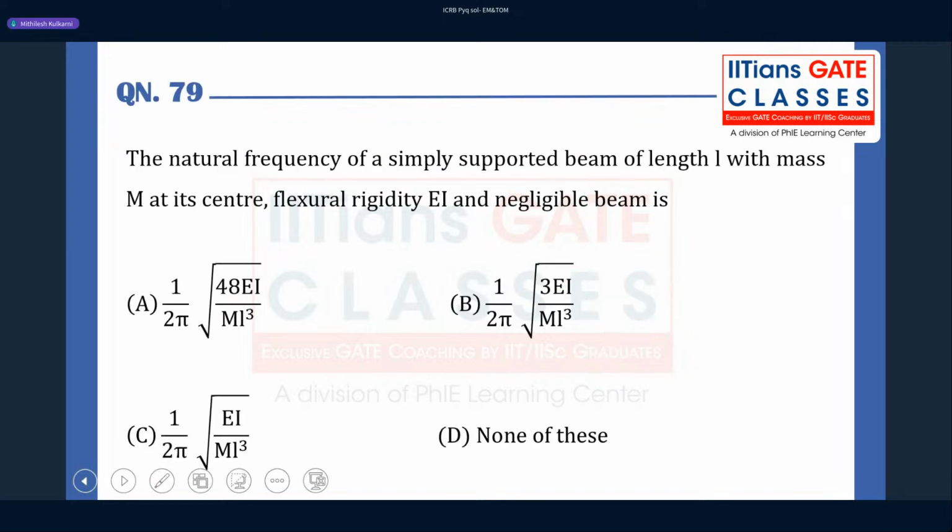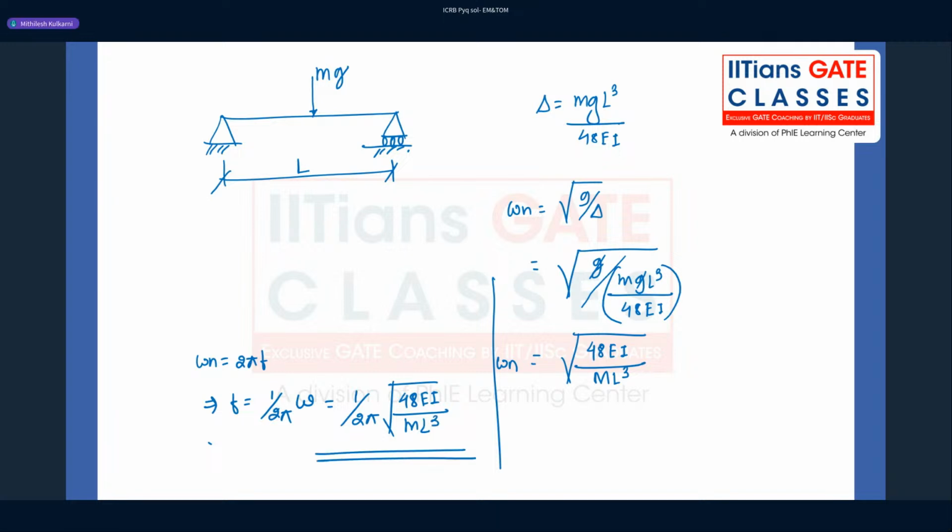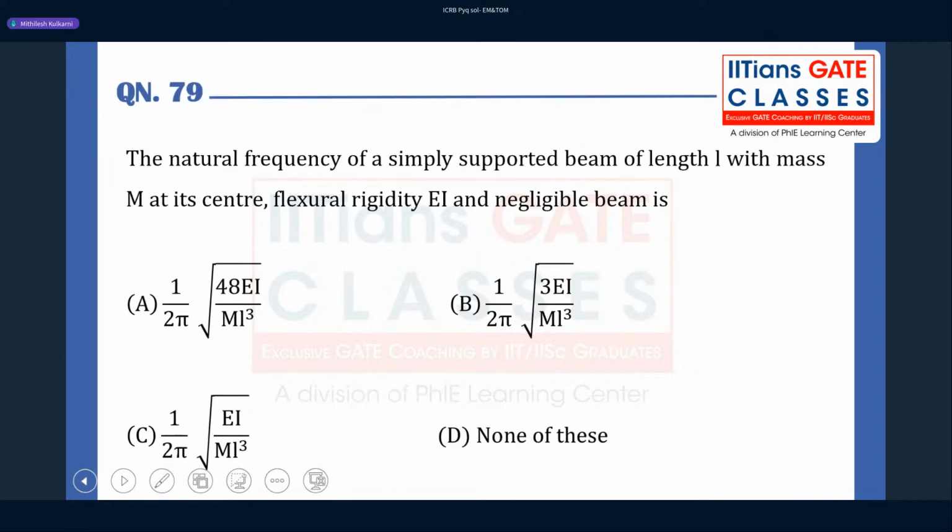However, it is in radian per second, and 1/2 pi is there in all the options. You know that omega is equal to 2 pi into frequency. So frequency in hertz is 1/2 pi times the omega, which is in radian. So the answer is 1/2 pi under root of 48 EI divided by mL cube. So the option A is correct in this case.